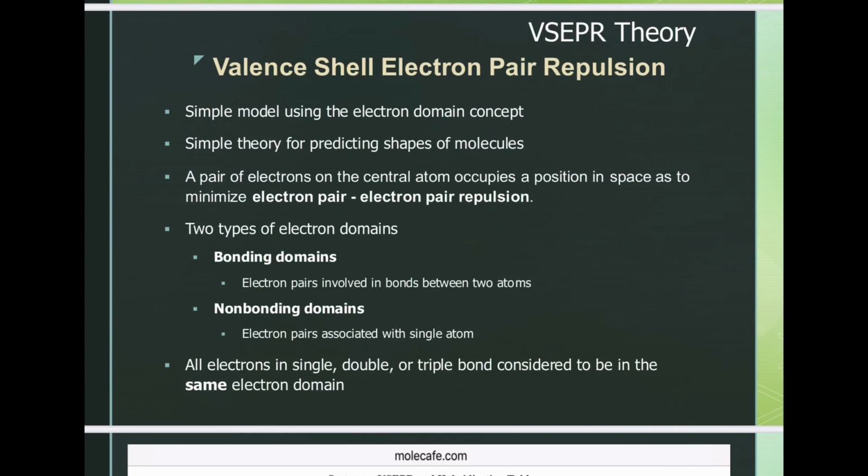There are 2 types of electron domains. First, bonding domains: electron pairs involved in bonds between 2 atoms. Non-bonding domains: electron pairs associated with a single atom, meaning the lone pair. All electrons in a single, double, or triple bond are considered to be in the same electron domain, counted as 1.